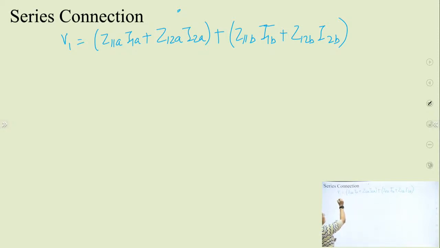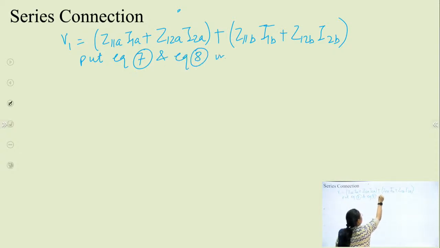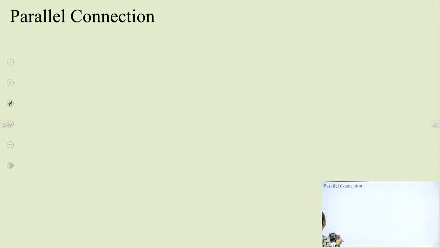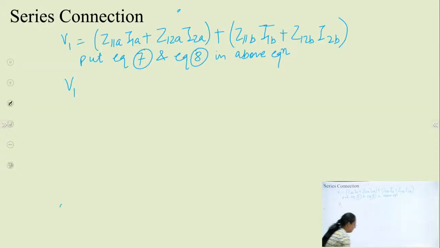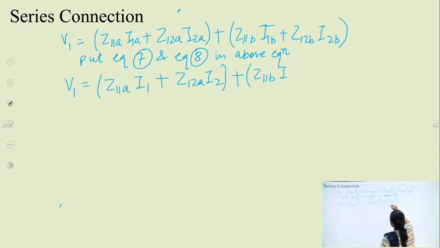So I get V1 will be equal to Z11A I1 plus Z12A I2, plus Z11B I1 plus Z12B I2.